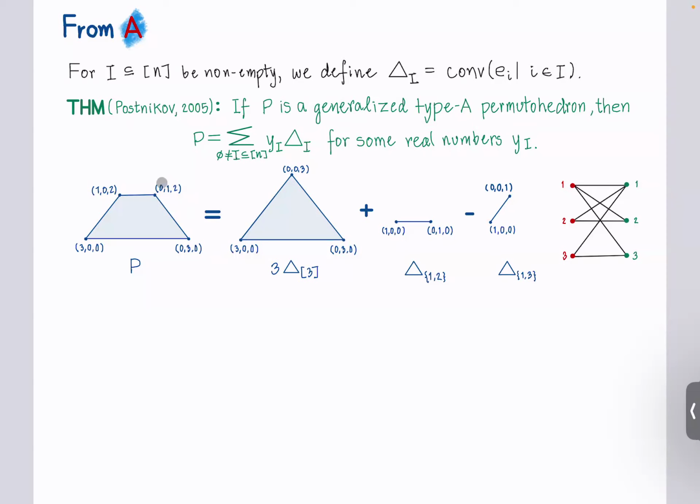For example, if my polytope P looks like this, you can check that it turns out to be equal to 3 times this simplex plus 1 times this simplex and minus this line segment, which is the simplex delta_{1,3}.